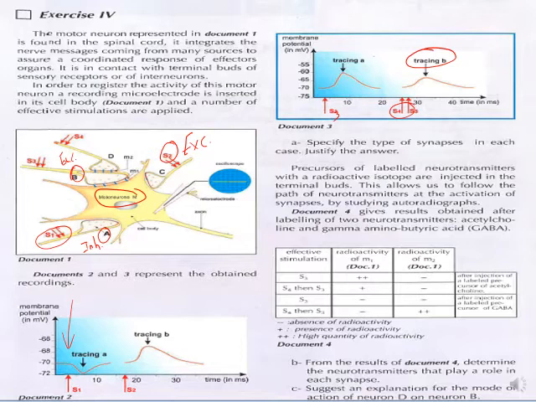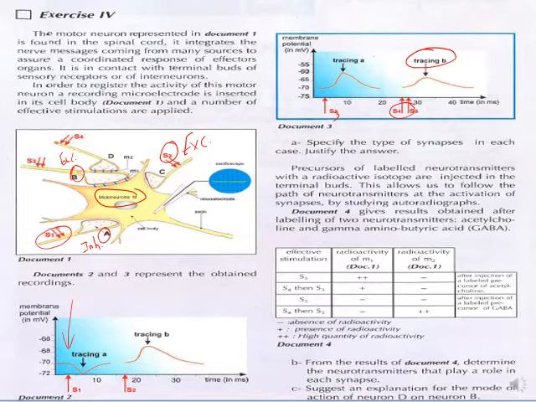So in S3, we don't have radioactivity in both. S4, then S3, we have absence of radioactivity of M1, and we have high amount of radioactivity of M2. These are after the injection of labeled precursor of acetylcholine, and the second one was after the injection of labeled precursors of GABA.